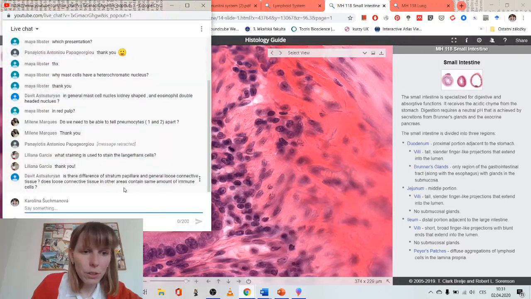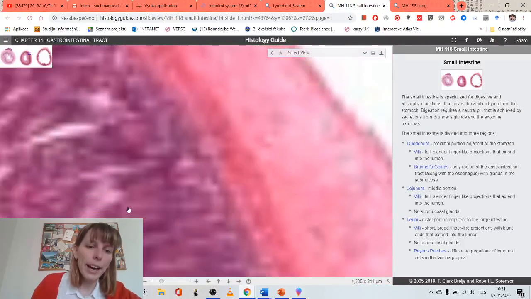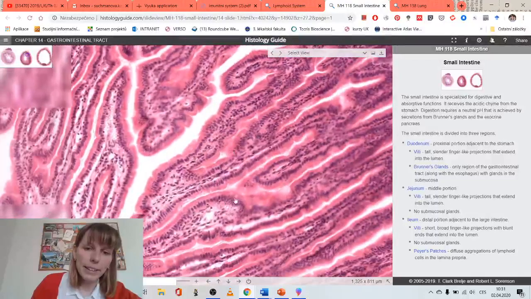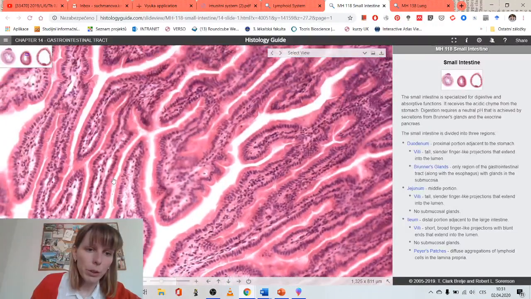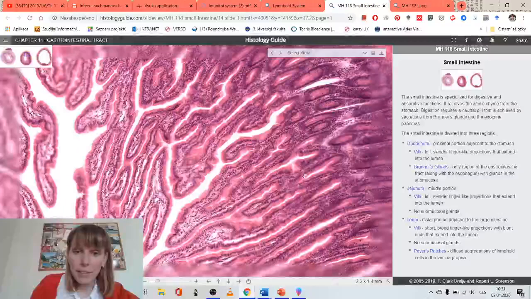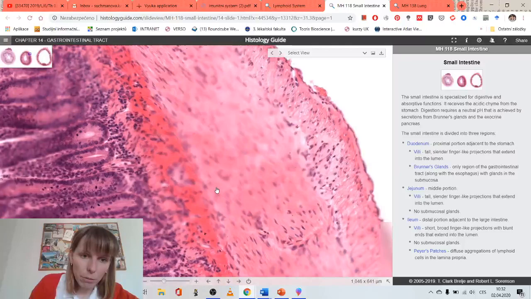Check the questions. No questions. Perfect. So Paneth cells, you can always find them at the bottom of the crypts, and goblet cells inside the epithelium, where you see these lighter parts where the mucus is not stained. This is quite easy because you have already seen this before.